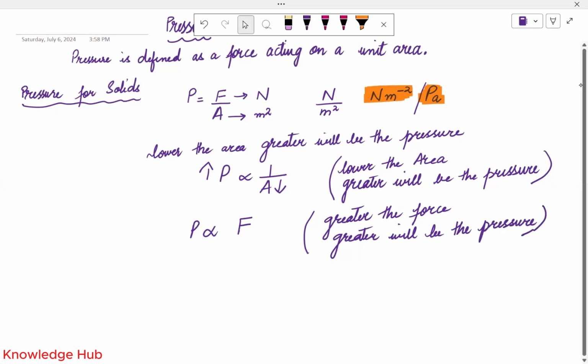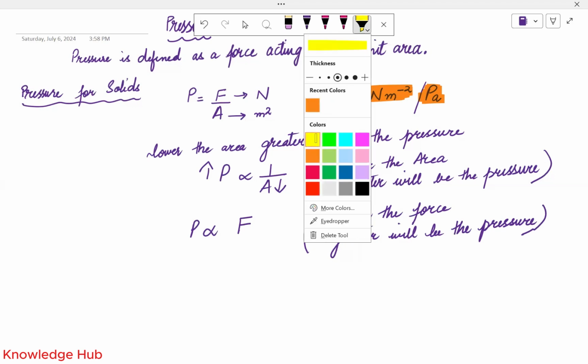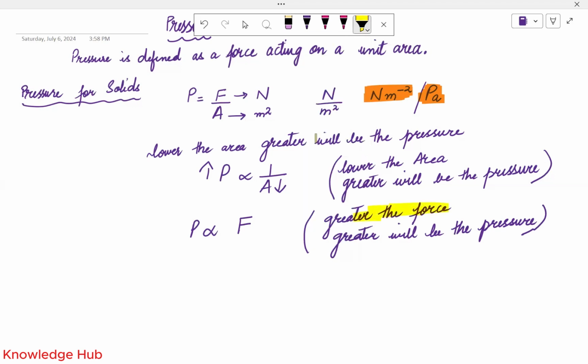These are very important observations that we must keep in consideration because they can be asked in exams as well.